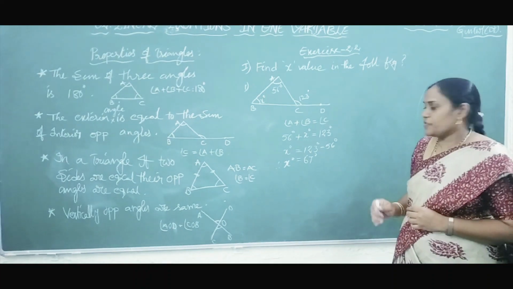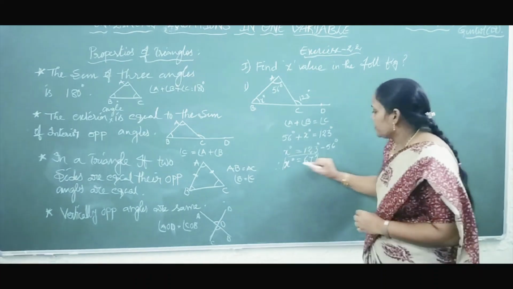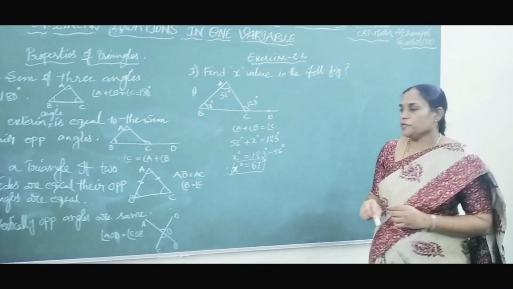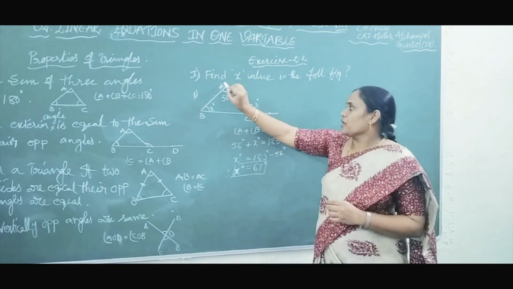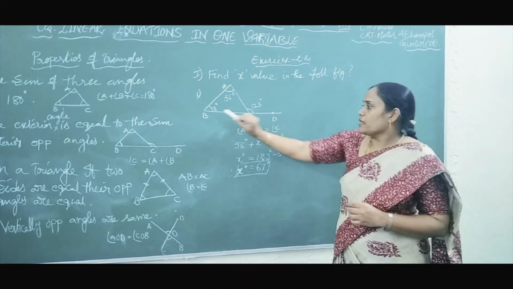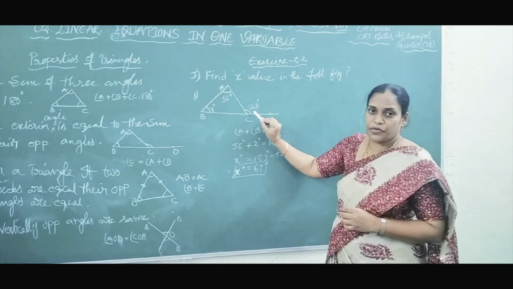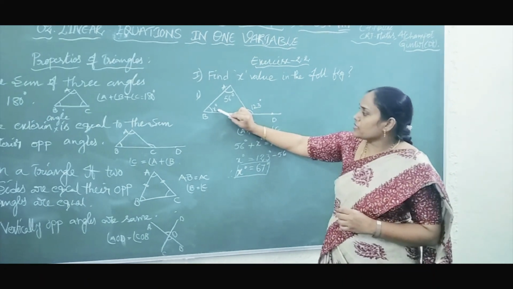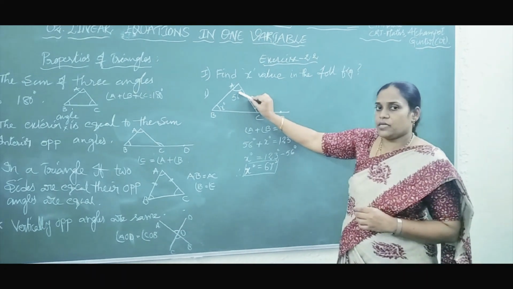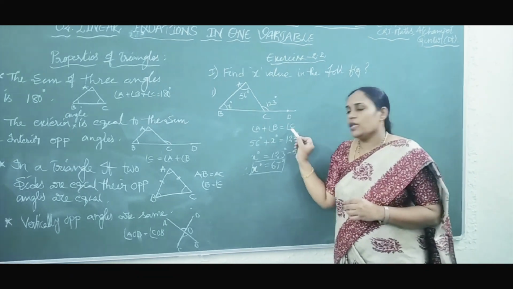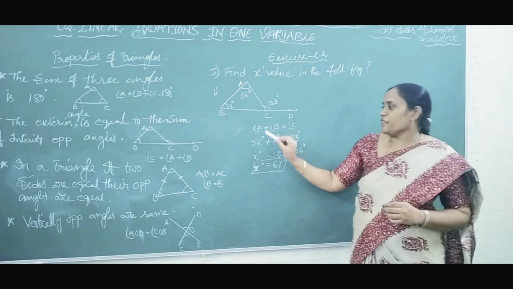Understood, students, all of you? What is the figure? Triangle ABC, BC extended to D. Then there is the exterior angle 123 and the interior angles x degrees and 56 degrees. By our second property, angle A plus angle B equals angle C, so 56 plus x degrees is equal to 123 degrees, the exterior angle.